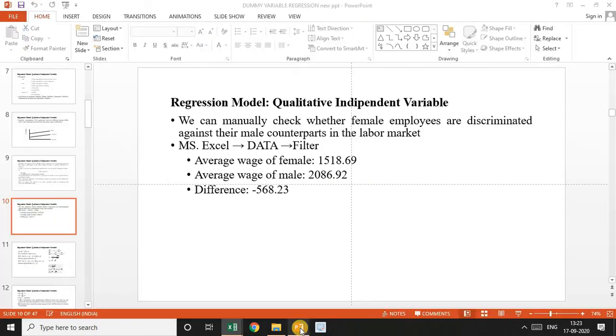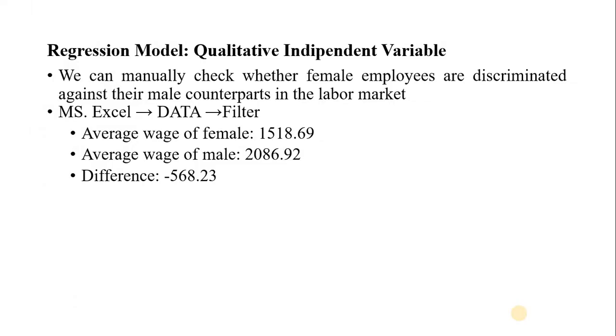So let us see how we can do that. This is what we have done so far: you go to MS Excel, type the data and specify the dummy, go to data, and filter. Then you get the average wage for female and male, and you get the difference.